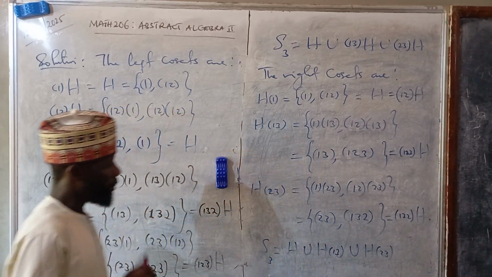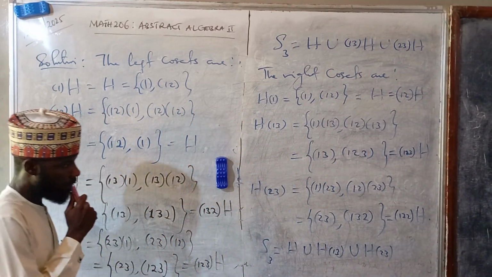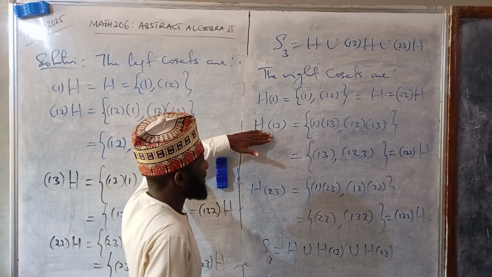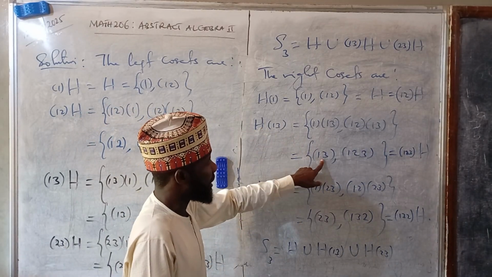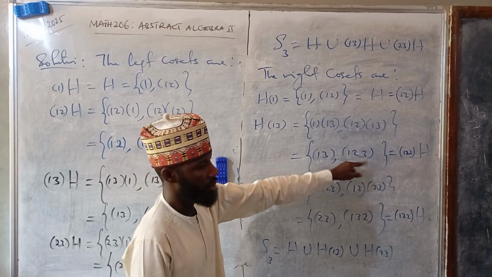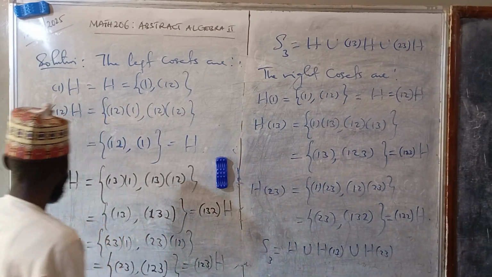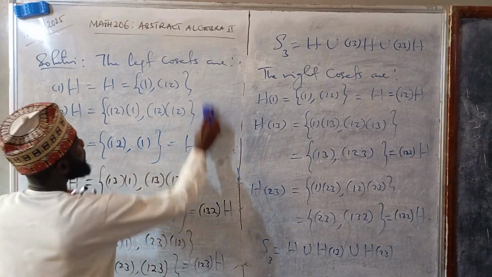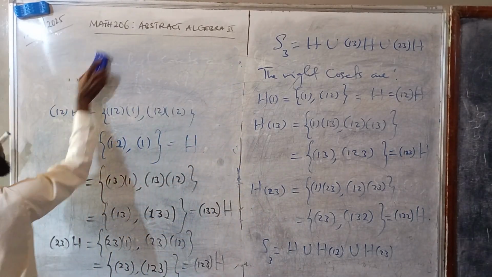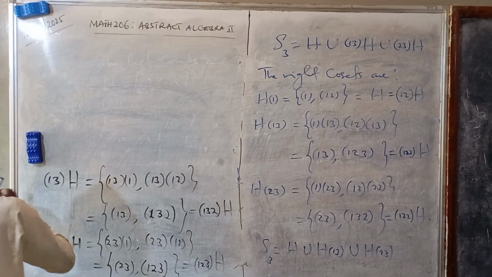But now you can see that the coset generated by (1 3) is {1, (1 3)}. The right coset is {(1 3), (1 2 3)}. And this is not the same as the left coset generated here. You can see there is a difference. Okay? So one thing you can observe is what?